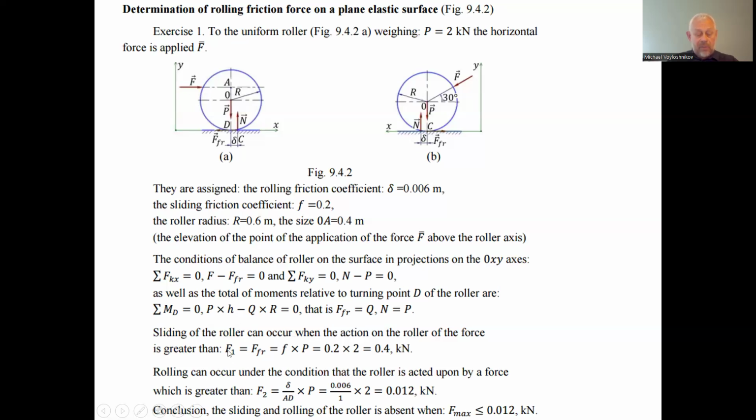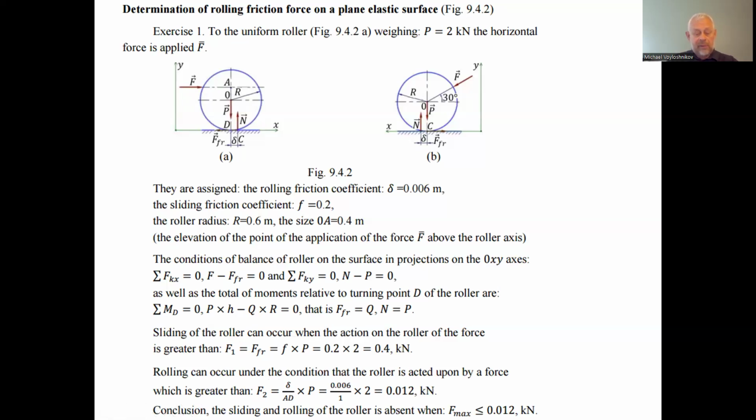F1 and F2, just because we consider the dry friction phenomenon here, and we consider the roller resistance phenomenon. So we have F1, F2, and we have to make a choice. What is the minimal one of them? F2. We have to substitute the data of delta, the maximal arm of the action due to the deformation of the support, and the wheel could be restored.